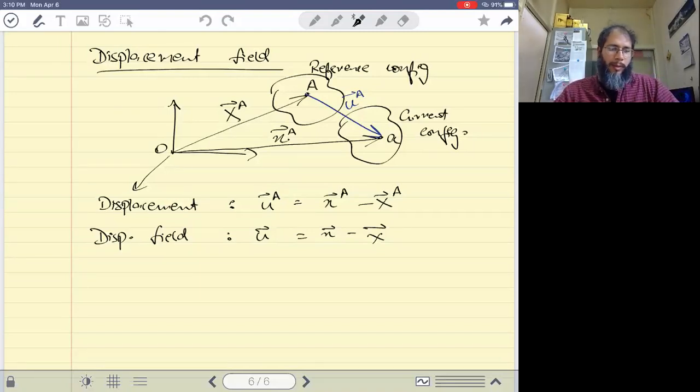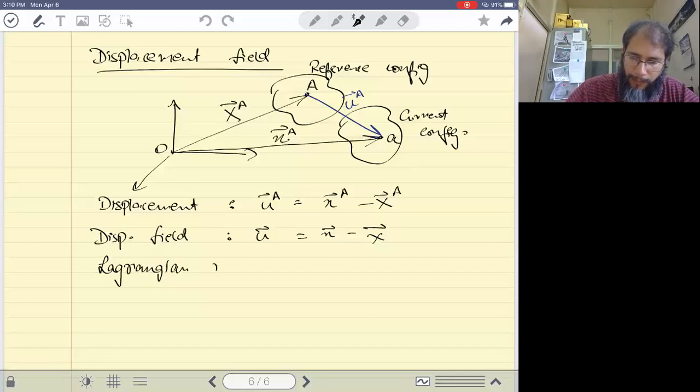Okay. Now the question is, how do I describe the displacement field? Because it's a field, we can describe it using two forms. One is a Lagrangian form, or the Lagrangian description. That means my U as a function of capital X and t.